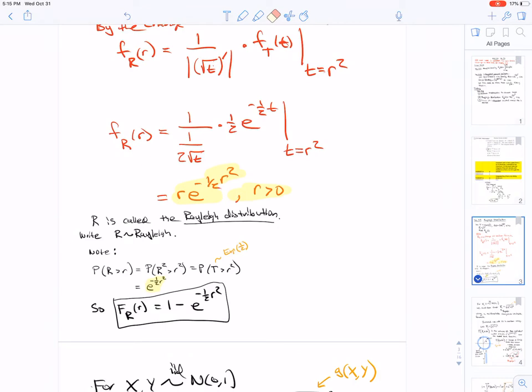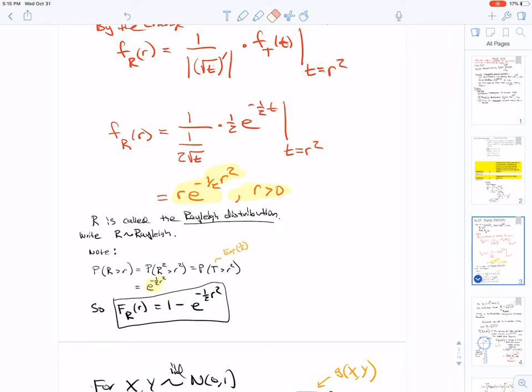So we can then find the CDF. Let's take a look at what the probability that R is greater than r is. Noting that because R is positive, this is equivalent to the event R squared is greater than r squared. So they'll have the same probability.